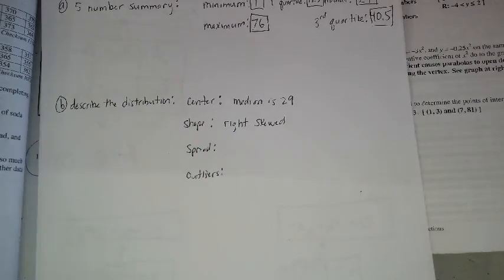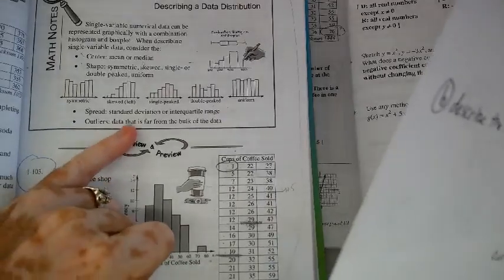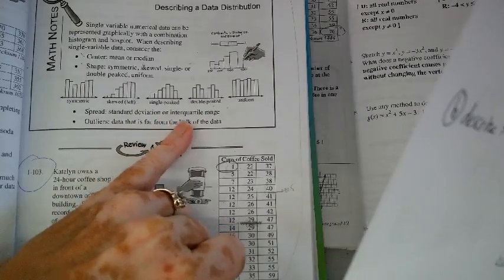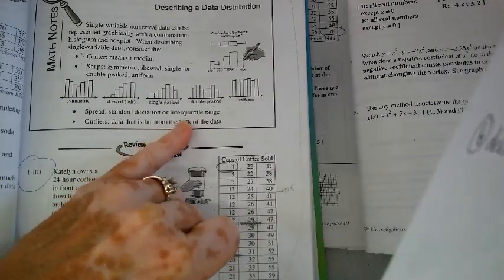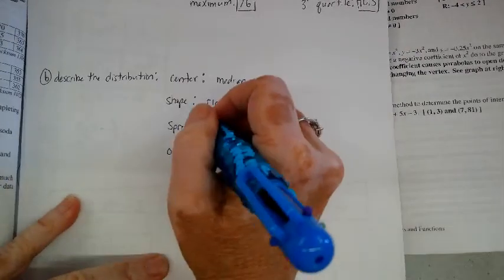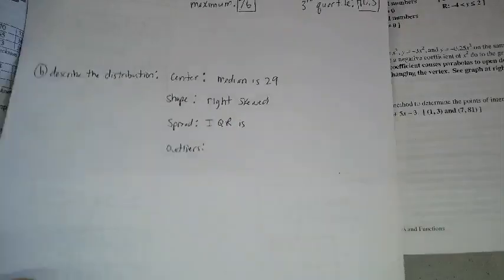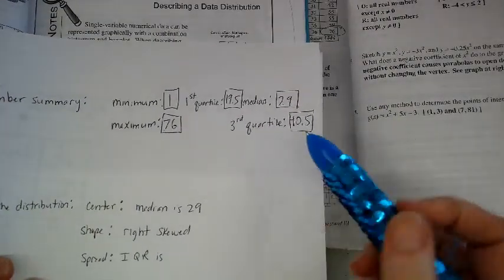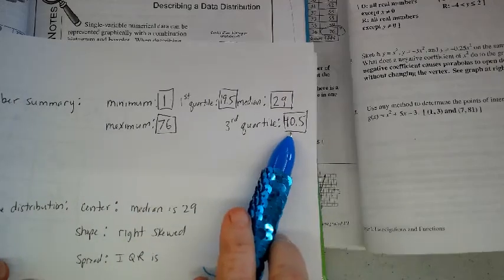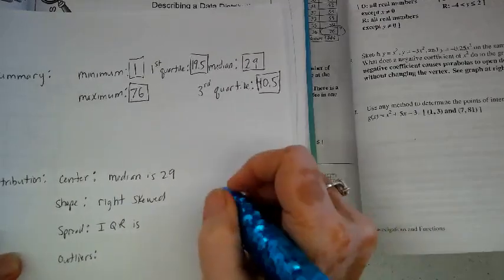The spread, I can use the interquartile range, or I can use the standard deviation. I think I just want to use the interquartile range because I already have the 2 quartiles. So I'm going to say interquartile range, IQR, is, how can I find it? Well, I take the 3rd quartile and I subtract the 1st quartile. And I guess I'll show my work right here.